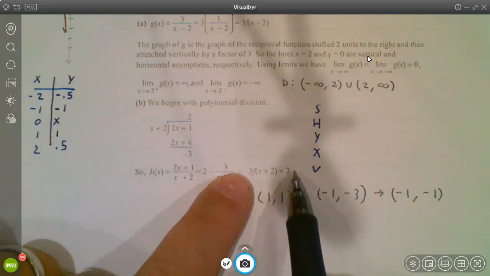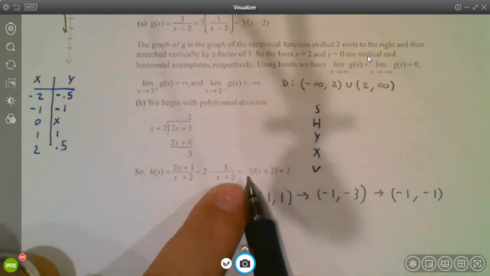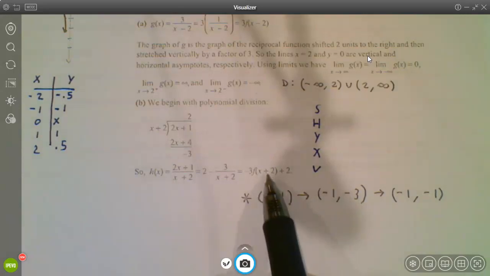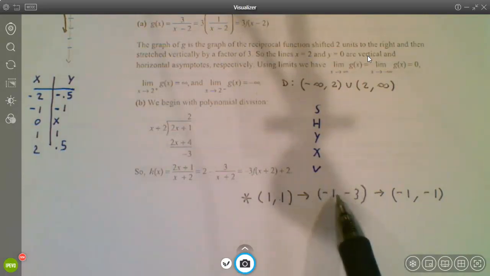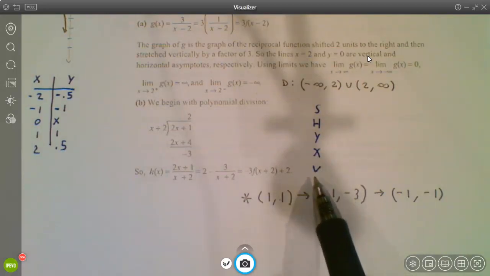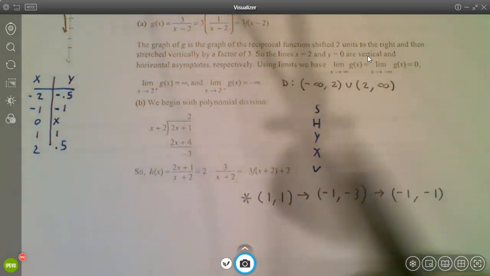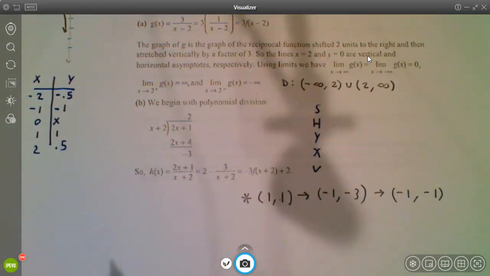We know that the S for stretch or shrink comes first, so we would multiply the y coordinate by -3. At the same time, I subtracted 2 from my x, and it gave me this point right here. Then last, we would do the vertical shift, which is to go up 2. So I added 2 to the y coordinate, and this would be the new point that we would see on the graph. We would have to apply that to multiple points in order to get an accurate graph.